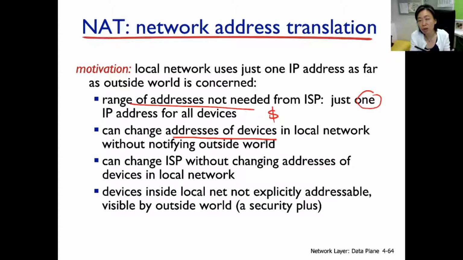It's not like we're changing the IP address of the gateway, which is a global IP address assigned by the ISP. Then we would need to inform the ISP we're changing it to somewhere else. Otherwise, traffic is not going to flow through. But if we're just changing the local machine, then there's no need to inform the ISP. Nice, convenient, saves us time.